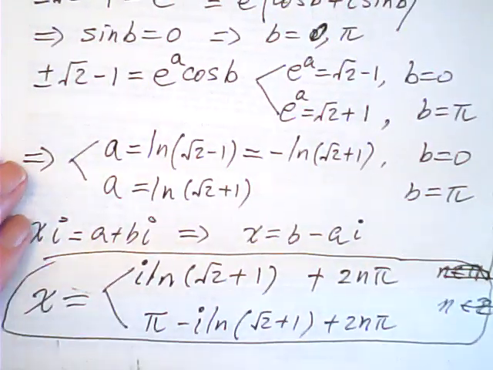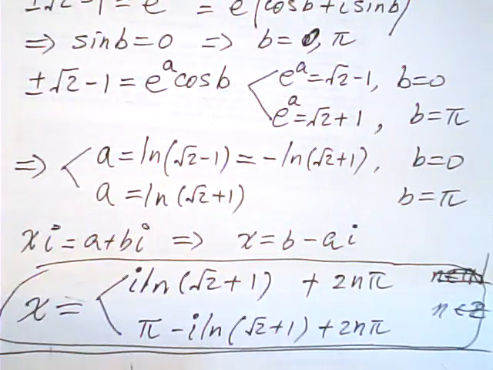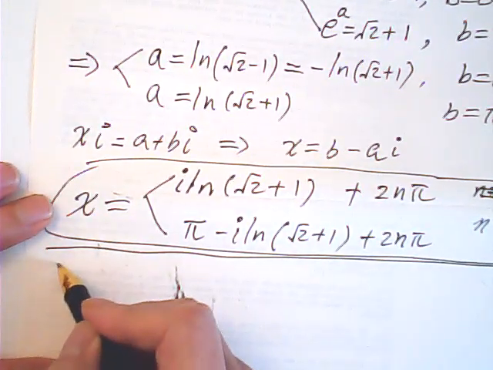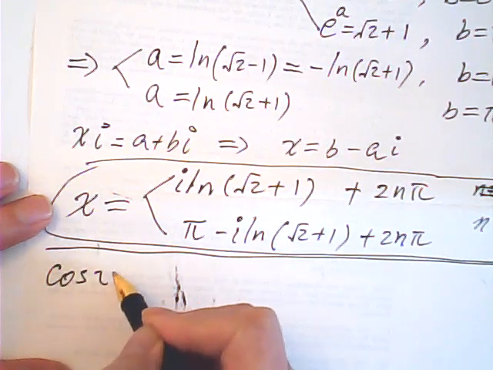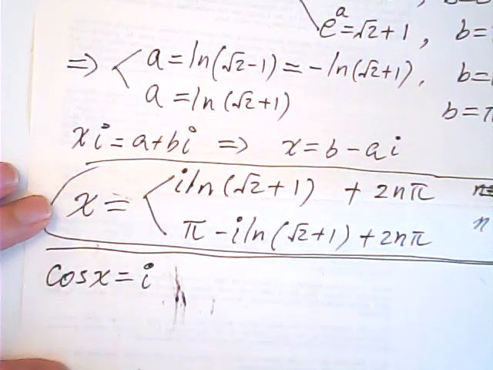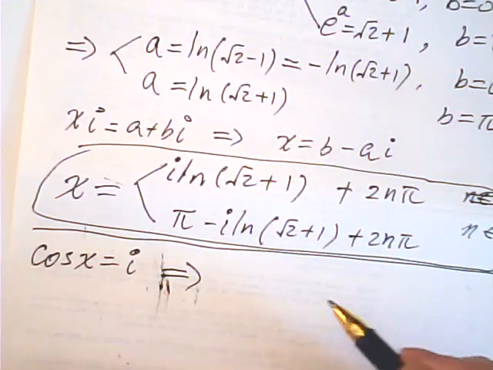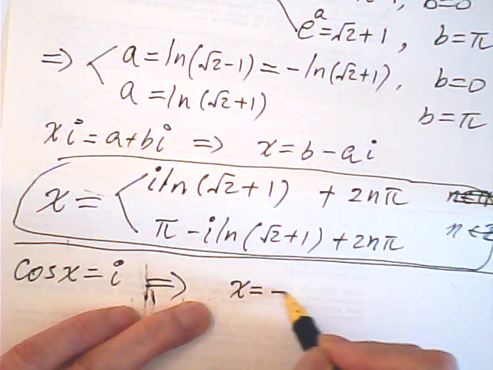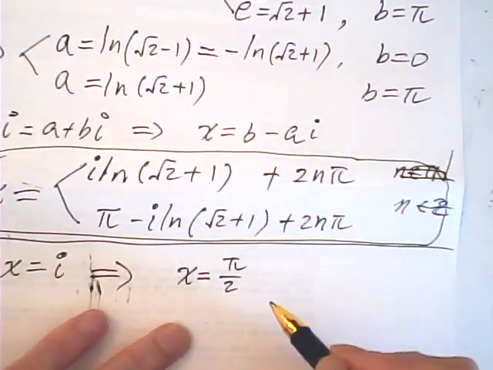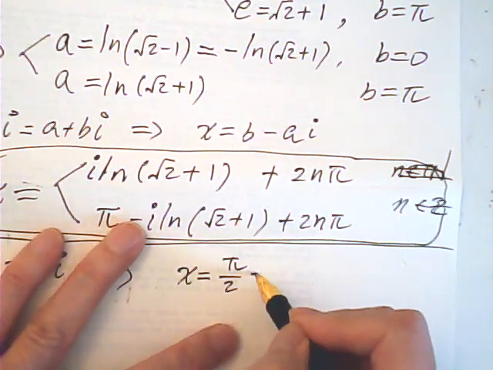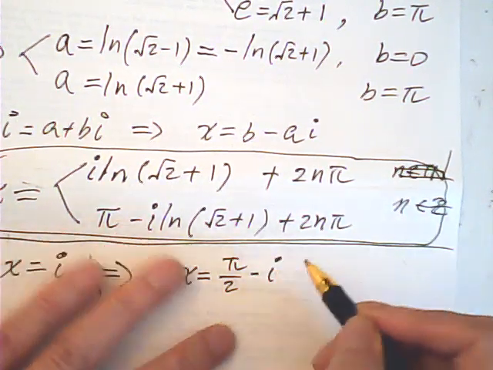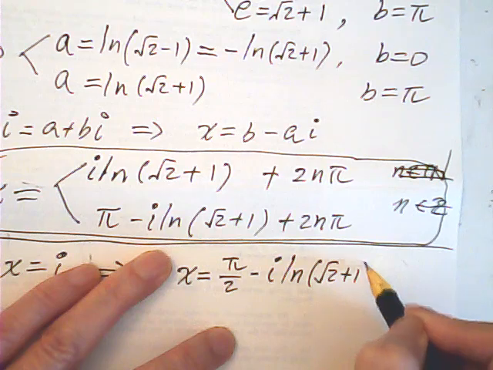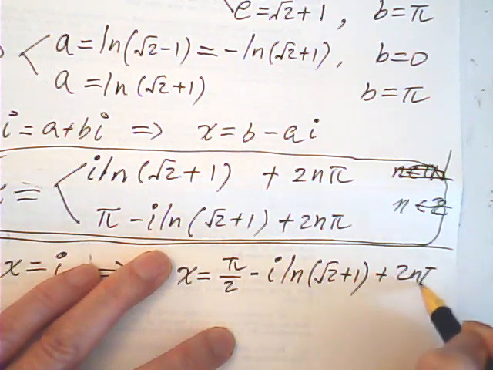Now, this is the first method. The second method is that I have another video showing that if cosine x equals i, then the solution is x equals half pi minus i natural log root 2 plus 1 plus 2n pi.